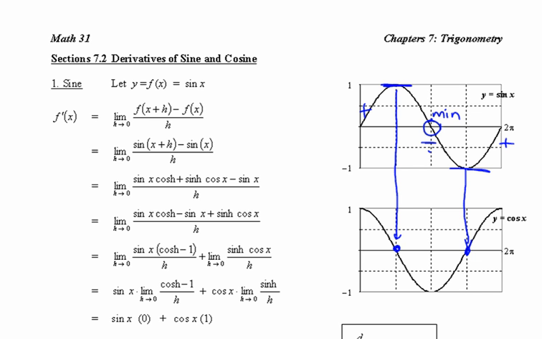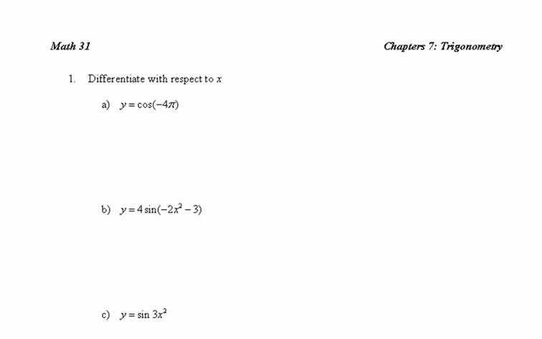Okay? So if you had the graph negative sine x, it would be negative to positive to negative, so it would be a negative cos. Okay? All right. So let's find this derivative.